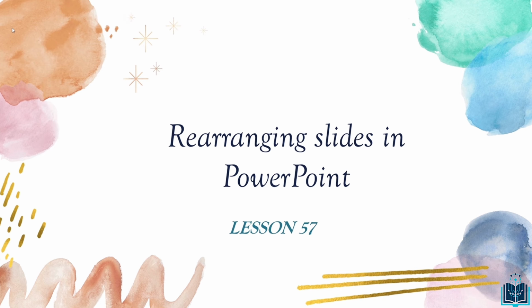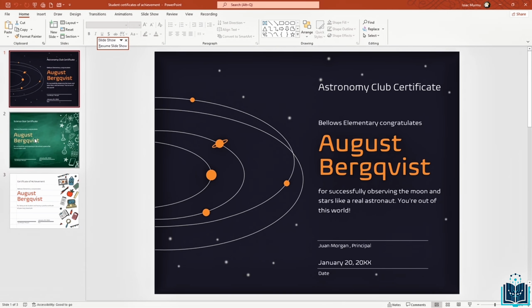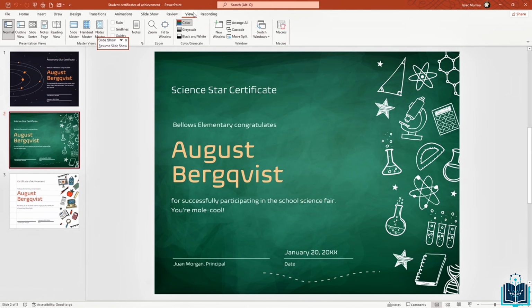So let's move into PowerPoint. Here I have a simple PowerPoint, a scientific certificate of achievement, for this example. You can rearrange slides in two main views, Normal view and Slide Sorter view. If I go to the View tab, here is the Normal view.